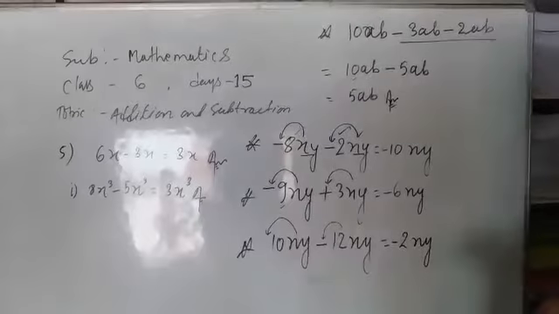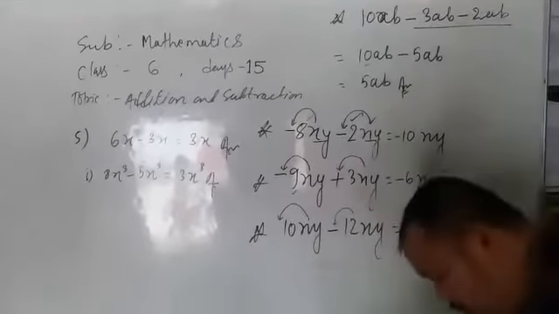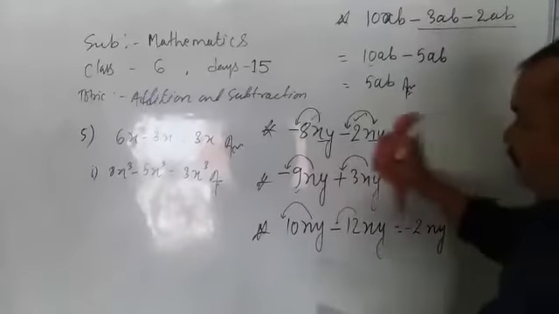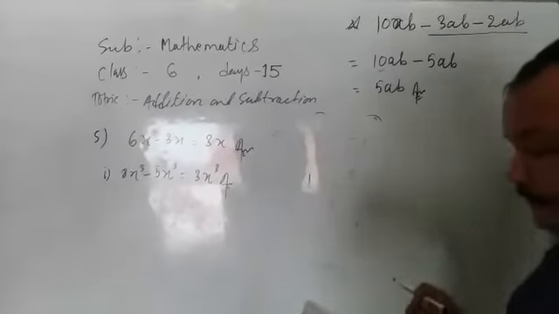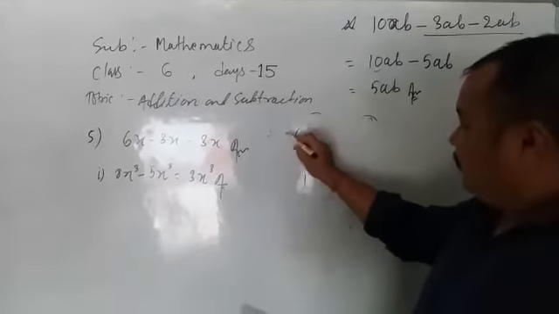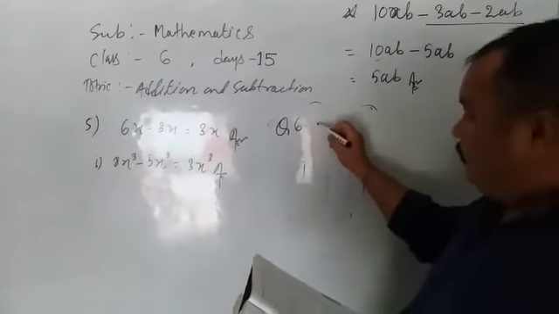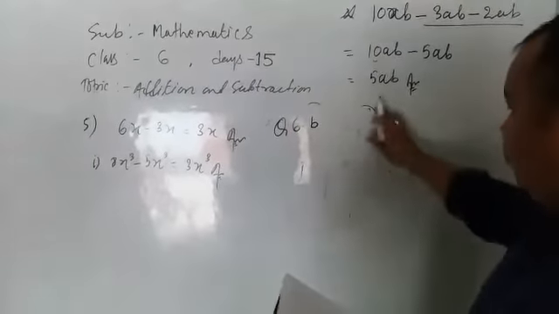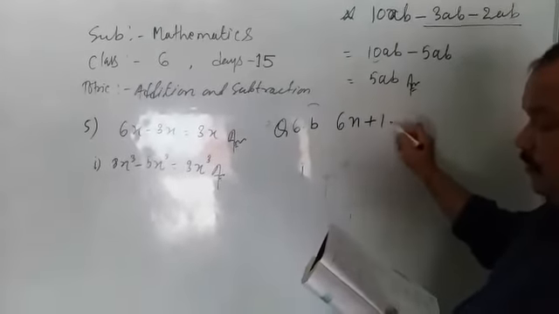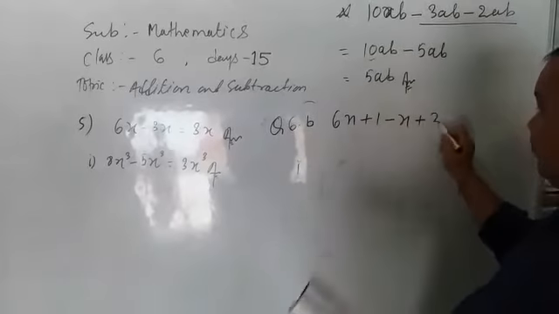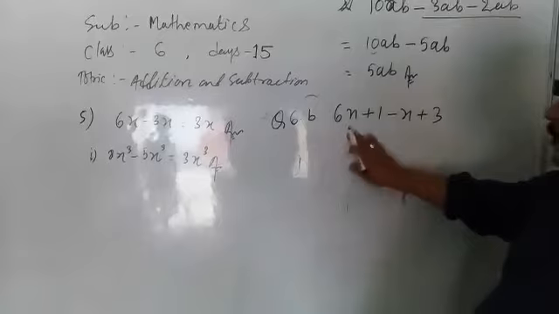Okay. So now we are going to the next one, simplifications. Question number 6, part b: 6x plus 1 minus x plus 3. So my dear students, here 4 terms are given, and we arrange them.